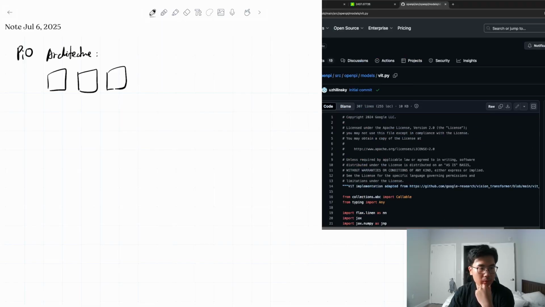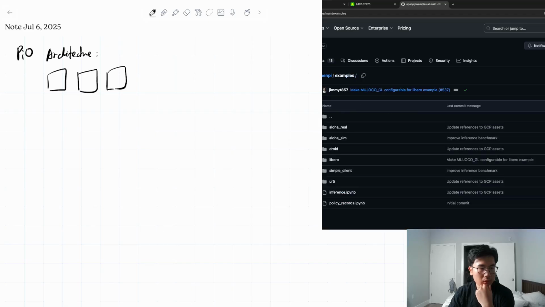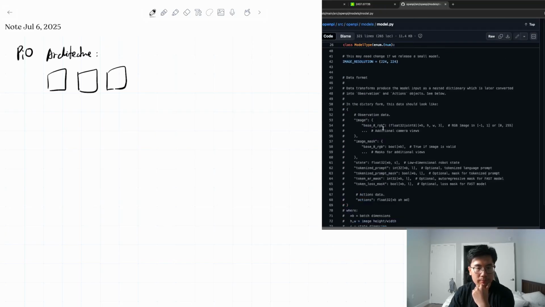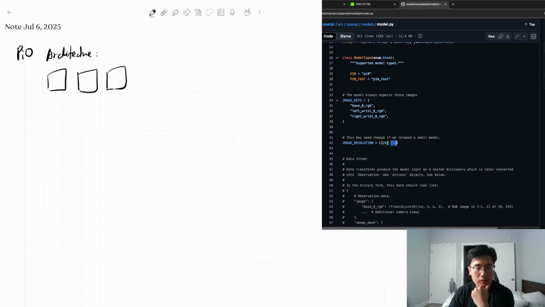You can probably see it in the config file. Model. Okay, so the image resolution they use as input is 224 by 224. So each of these images is 224 by 224.